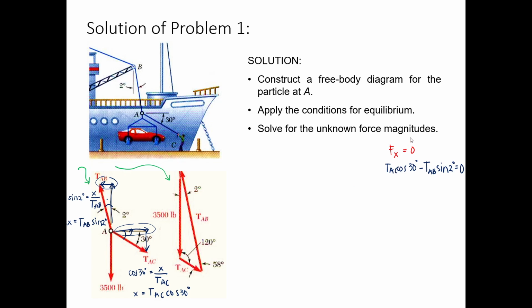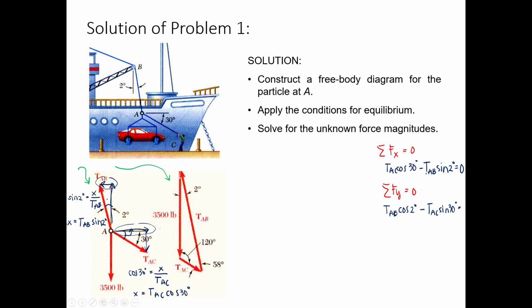Okay, so next is our vertical component. So summation of forces y equals 0. So going upward first, you have TAB cosine 2 degrees, and then minus TAC sine 30 degrees equals 0.